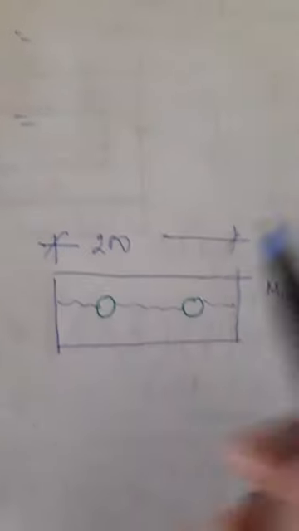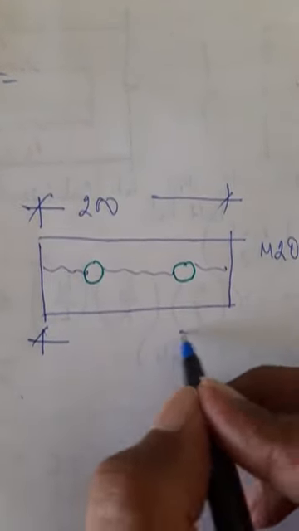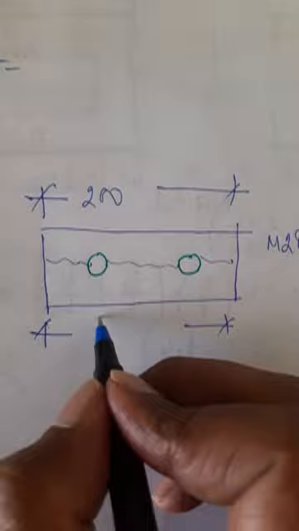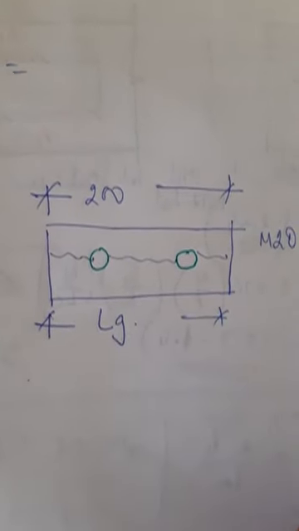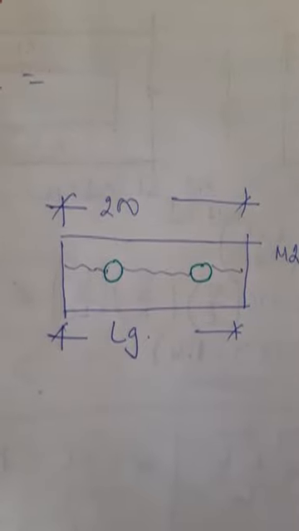Now this dimension from here till here is known as gross length. Gross length means without considering the bolt holes.